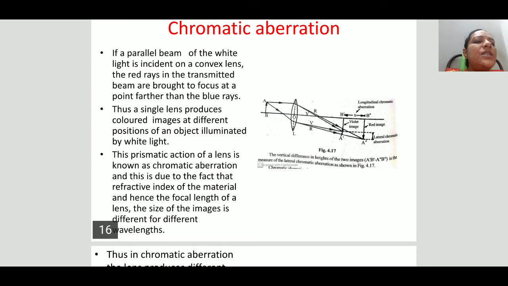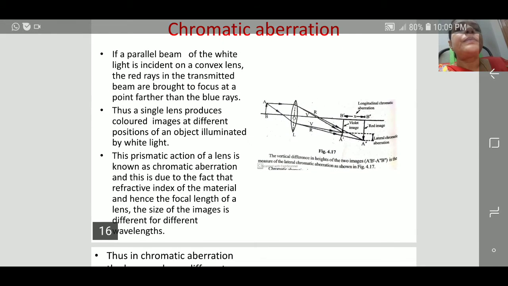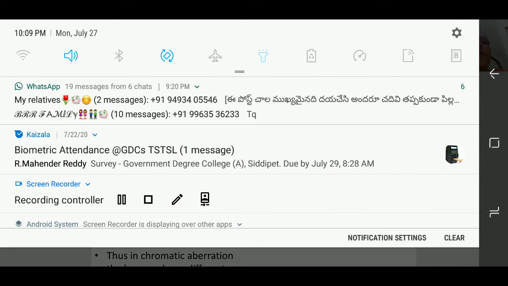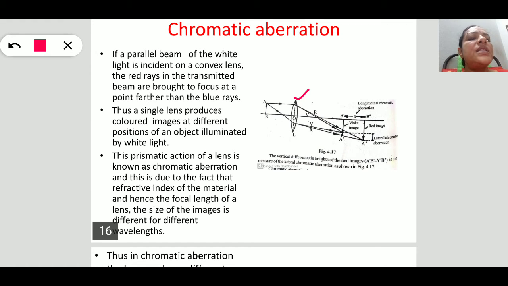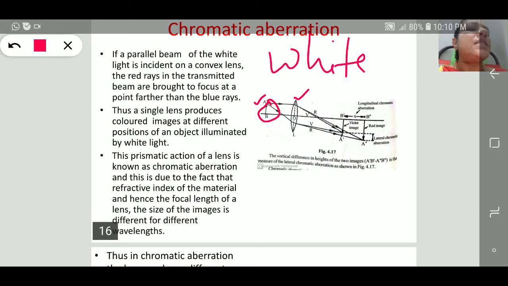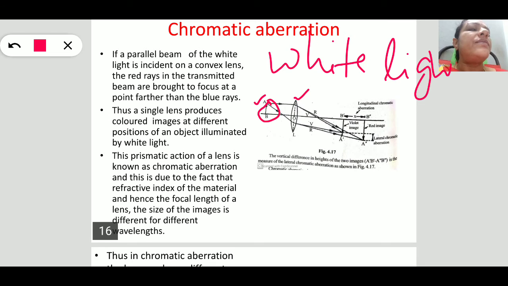Here, if you are observing an optical system, this is the object, this is the lens, and these are the rays. Chromatic aberration is formed when the object is illuminated by white light only. That is important here. White light is non-monochromatic light.